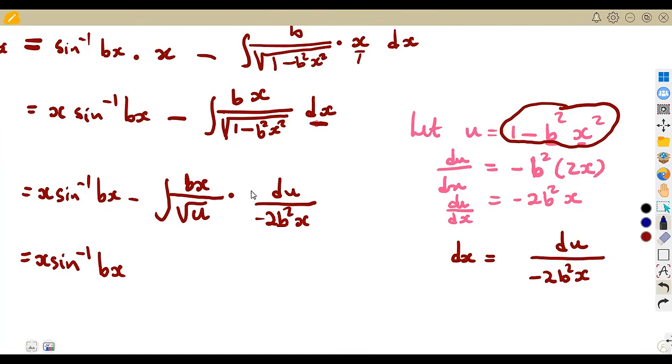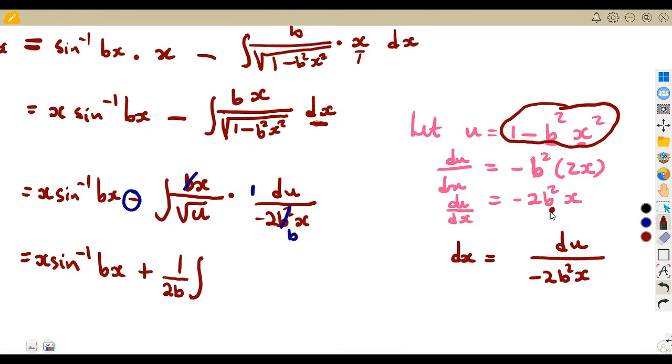If we check here, there is a 1 over minus 2 here, but here there's a b. So the b and the b squared will give us a b. So we can take 1 over minus 2b outside, but already there's a negative there, so it will be negative, negative, which is a positive. So it will be 1 over 2b. The 2b is in the denominator, so it will be written like this: 1 over 2b, the integral of, why am I taking b outside?